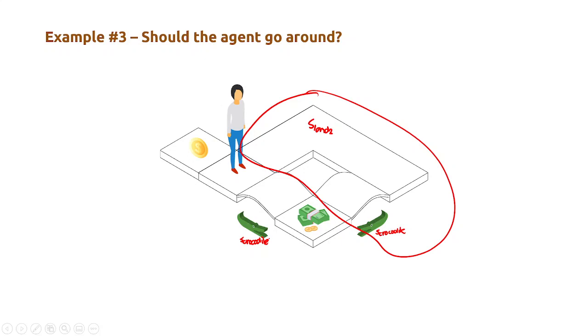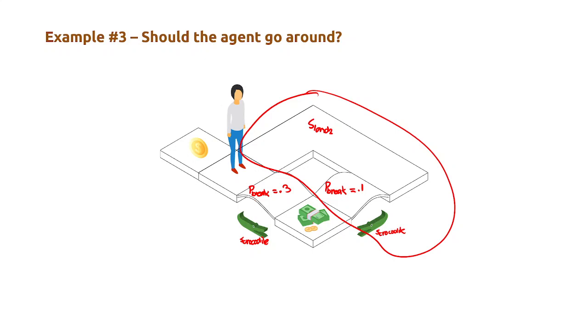So notice that we have two bridges now. This bridge has a P break, the probability of breaking this bridge, of 0.3. However, this bridge right here has a probability of breaking of 0.1. So this means that the new bridge is sturdier or more reliable than the older bridge.